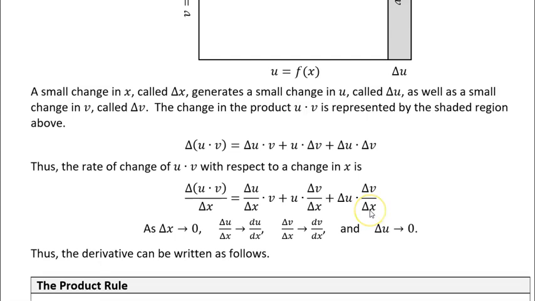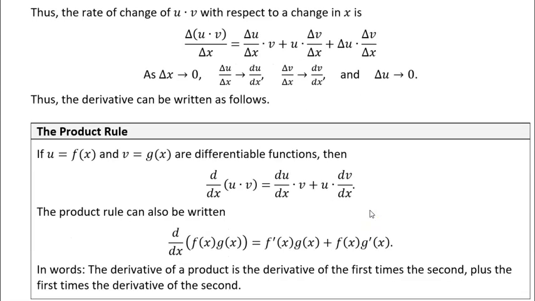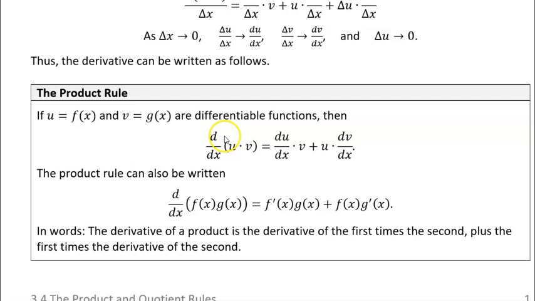Okay? So the product rule, here it is. The derivative of a product, right? If we have the functions u and v, the derivative of the product is du dx times v, all right? So it's the derivative of the first function in the product times the second function in the product plus u times dv dx.